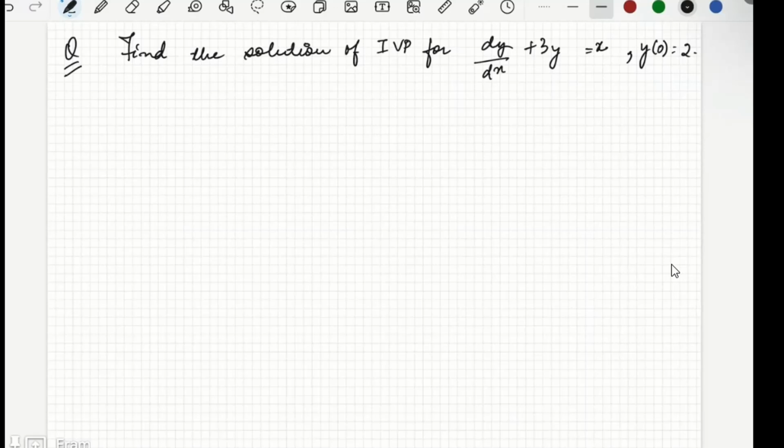Find the solution y of x for this initial value problem. The initial value of y at x equals 0 is given to be 2. If you are able to solve these types of questions, you can easily solve the questions given in the week 1 assignment.